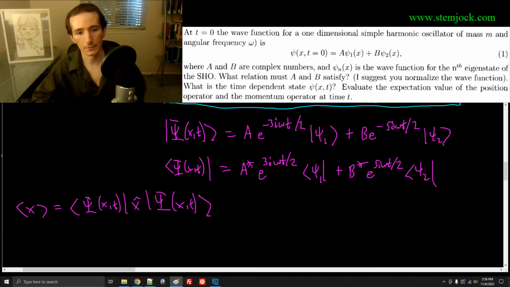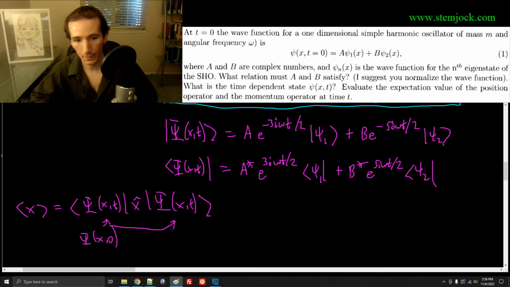We take the inner product with the operator in between, using psi(x,t). It's important that you don't put psi(x,0) in place of these. If you did, that would be the expectation of the position operator at time t equals 0. But the question here is asking for the expectation value at time t. So it's very important that we use psi(x,t) here rather than psi(x,0).